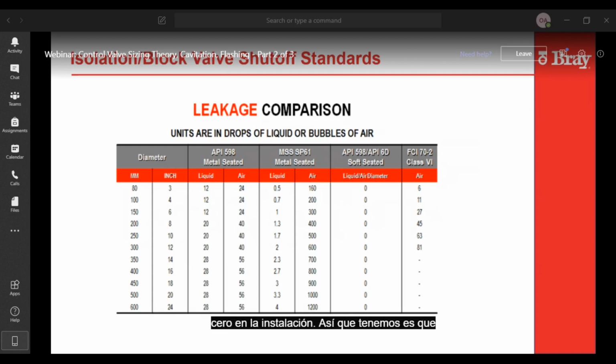So you have a 0 leakage valve, and that's the acceptance criteria. And it's a lot better if you see the far right column is the FCI 70-2 class 6. They're allowed 6 bubbles of air, 11 bubbles. So there's a lot more allowable leakage in the control valve standards.